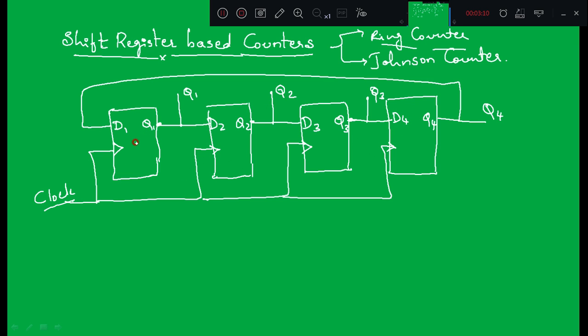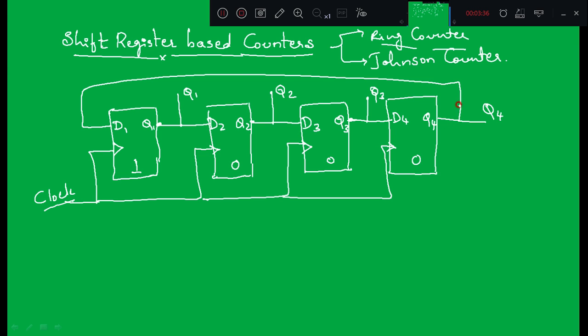So now what happens, let us assume the first flip-flop is set. The first flip-flop is set, that means it is storing 1, and the other 3 flip-flops are reset, that means they are storing 0, right? So what happens now if I apply clock pulses to each flip-flop?